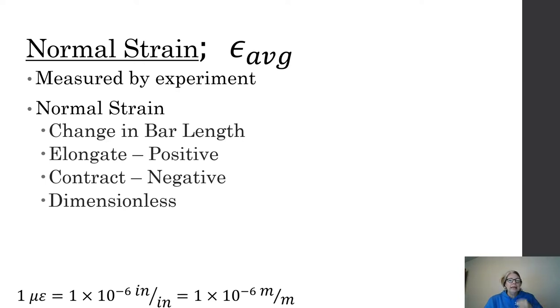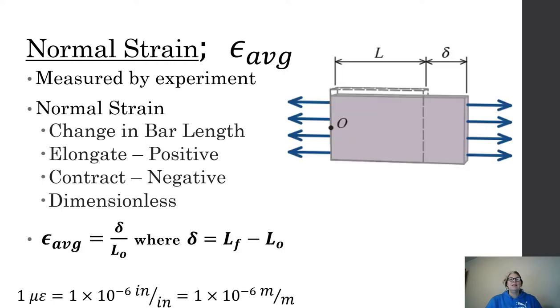Our strain is dimensionless, okay? It's a dimensionless value because it is change in length over a unit length, okay? Change in length over length. I want to know if I heat up this wire, I just need to know the inch per inch amount it's going to change in length so that if I have 100 inches or 1,000 inches, I know what to expect.